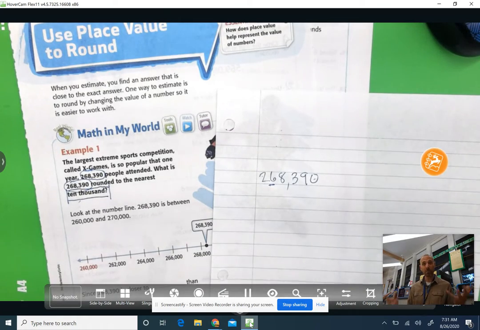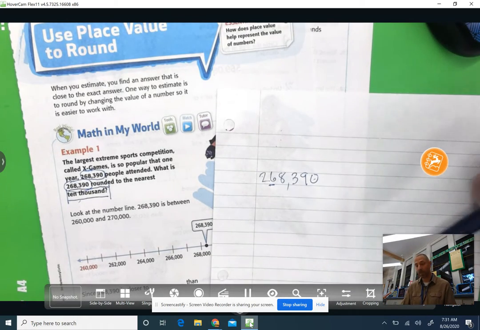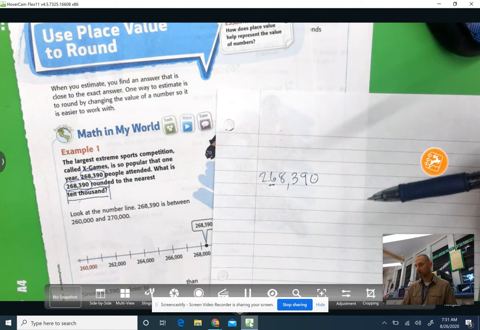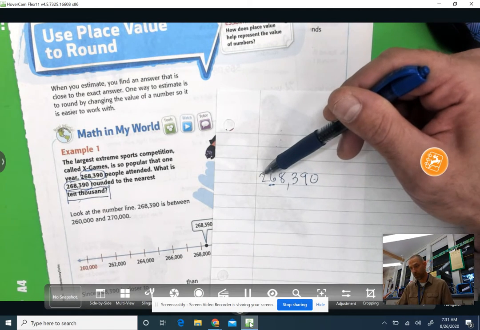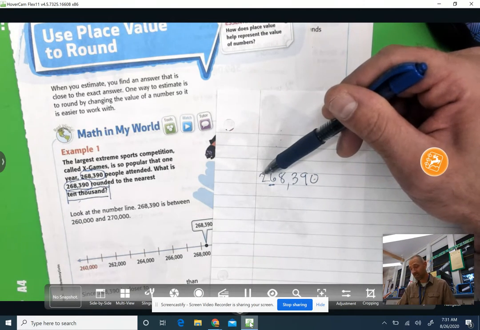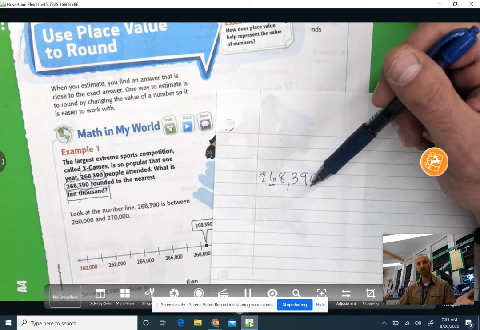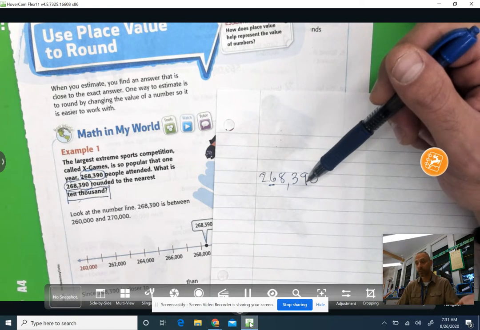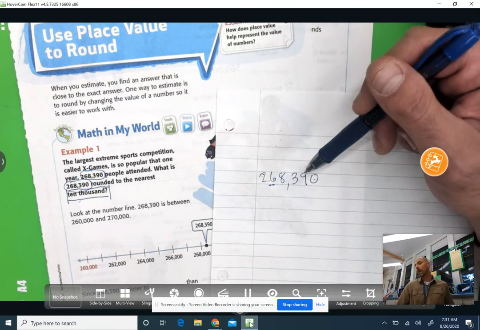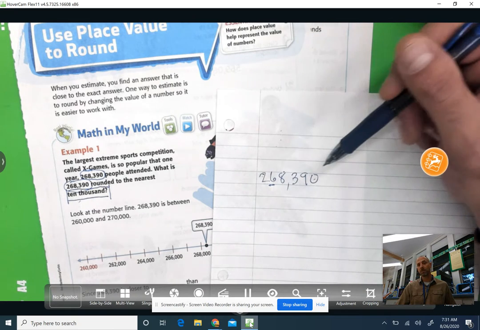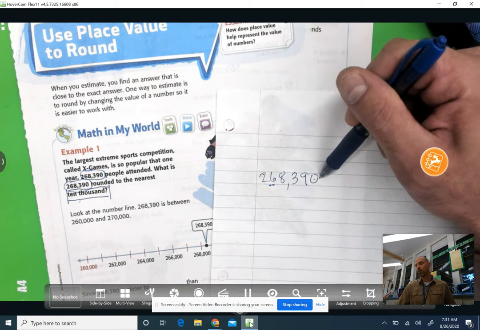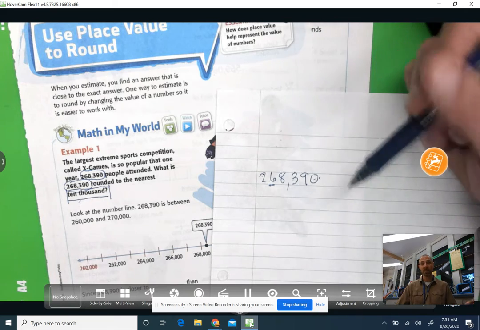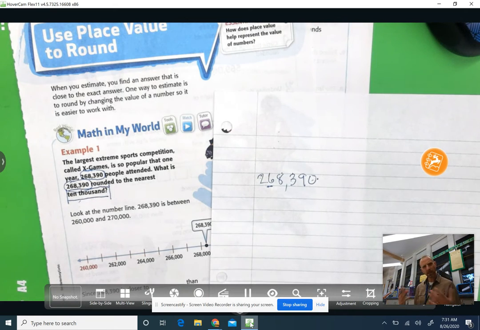And when we're done rounding this number to the nearest 10,000, okay, we're going to have the digit 2 in the 100,000s place. That is not going to change because it's still 260 something thousand. And the digit in the thousands place, the hundreds, the tens, and the ones, those are all going to end up being zeros. And when we round, that's kind of what we're looking for, okay, is to have as many zeros in a number as possible.